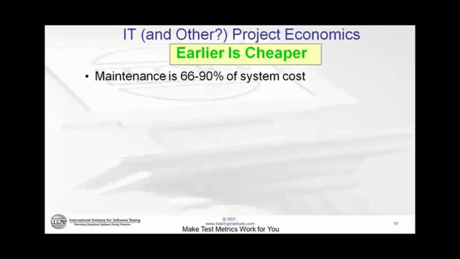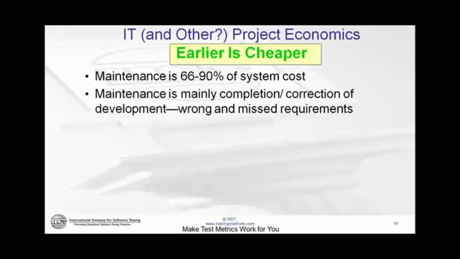Typically anywhere from 66 to 90% of a system's total cost over its life is maintenance, changes to the system after it goes into production. Now, what people often misunderstand is that most maintenance is not new and unpredictable.